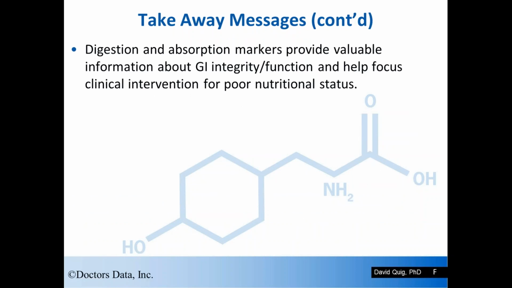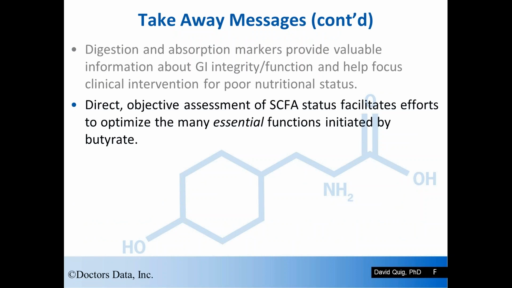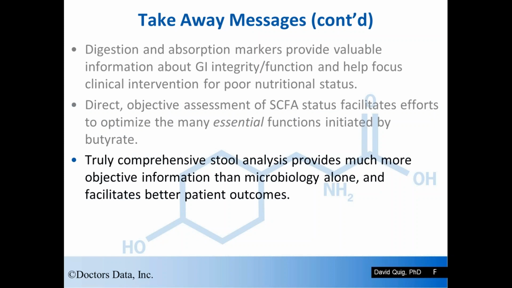Digestion and absorption markers provide valuable information about gastrointestinal integrity and function and help the clinician focus on specific clinical intervention for poor nutritional status. Not everybody needs to be on digestive enzymes. Direct, objective assessment of short-chain fatty acid status facilitates efforts to optimize the many essential functions initiated by butyrate.